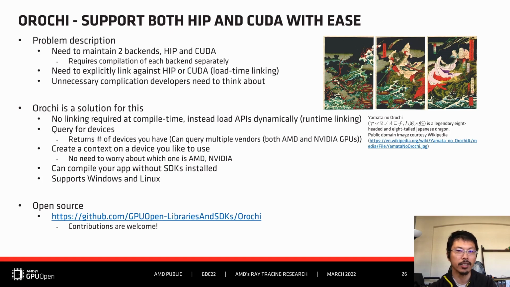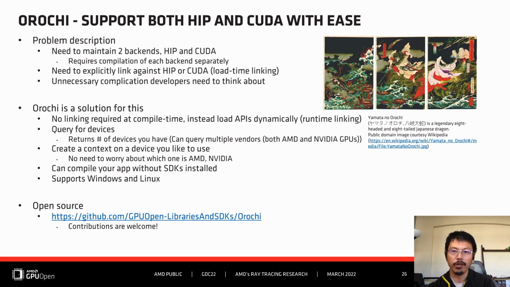But if you use this Orochi library, you can simply ask the library, hey, how many devices do you have on the machine, and it is going to return the total number of devices you have on the system. So if you have a single AMD GPU and a single NVIDIA GPU, it is going to return 2.